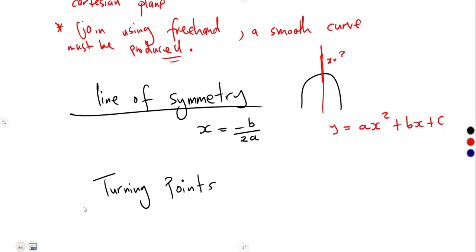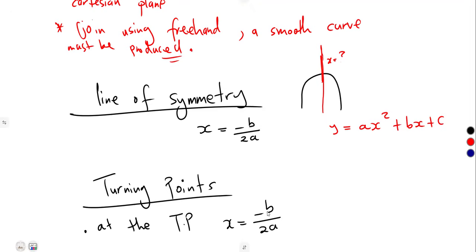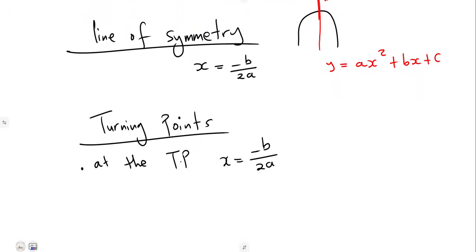All right. So whenever we are to deal with the turning points, you must take note that at the turning point, x is equal to minus b over 2a, just like what we had here. So using that x value, substitute it into the original function to obtain the y value.